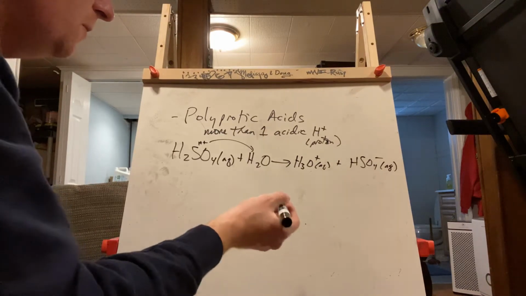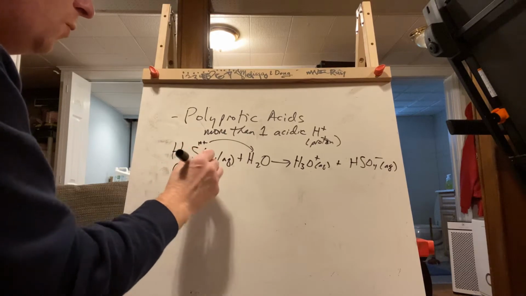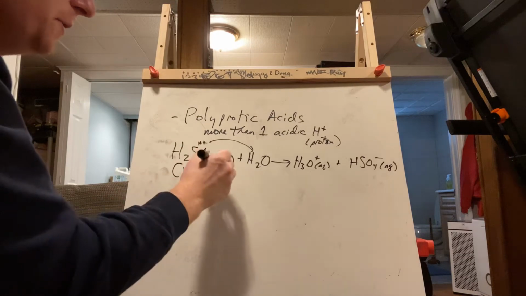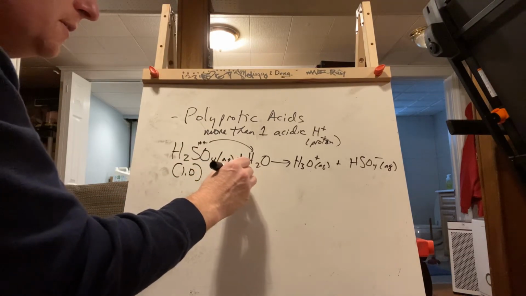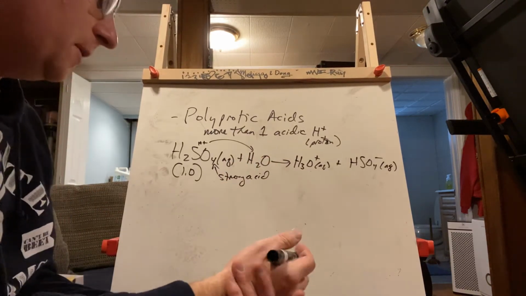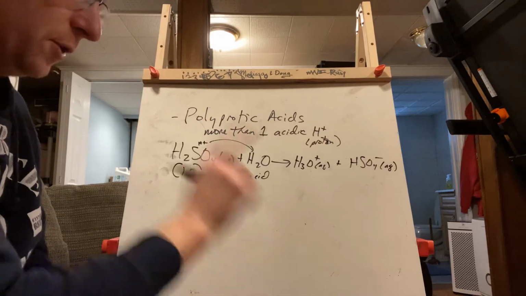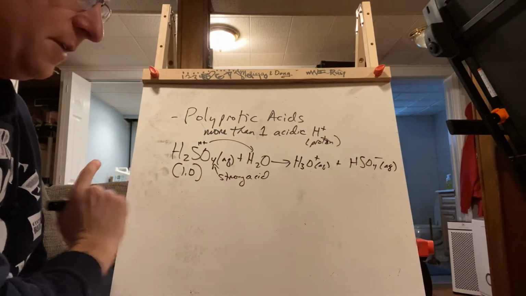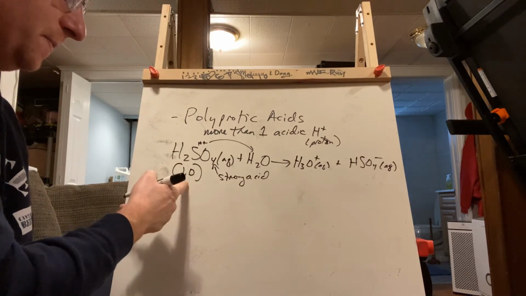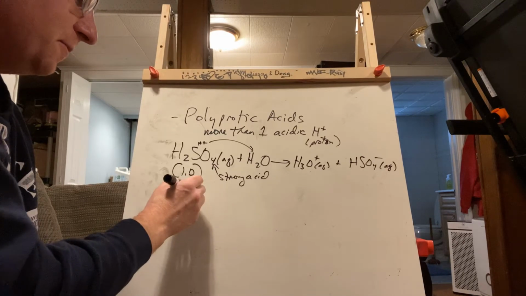And so if I said I've got a 1 molar concentration of H2SO4, and I told you this is a strong acid, and I had you highlight H2SO4 as a pretty important molecule, the first protonation is very, very strong. So that means if I have 1 here, at the end it's going to have 0.